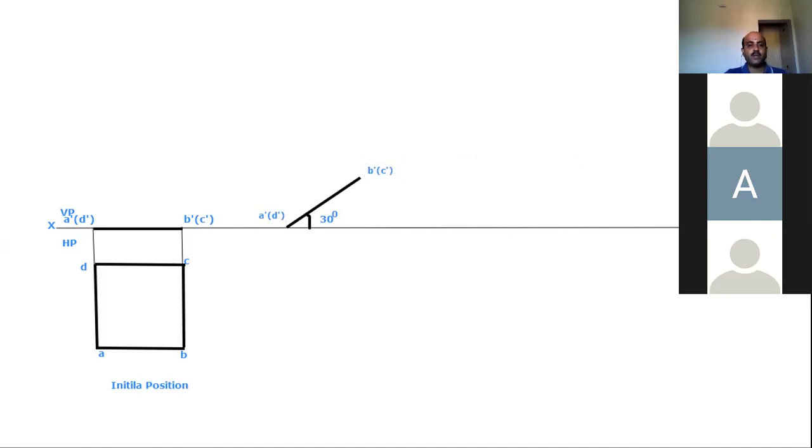Now draw the vertical projector lines from each point over here, similarly from here, from this point, and from here.